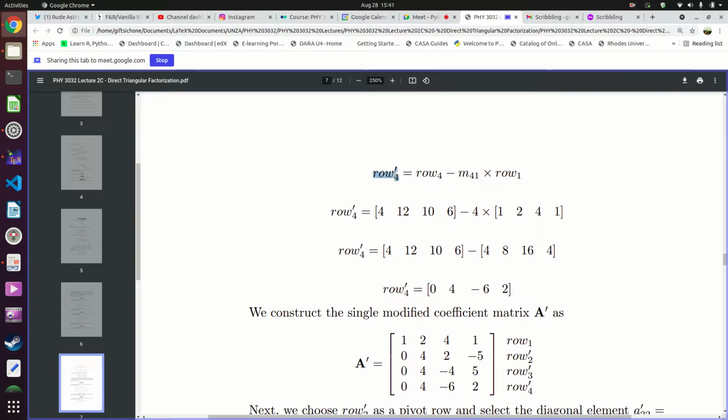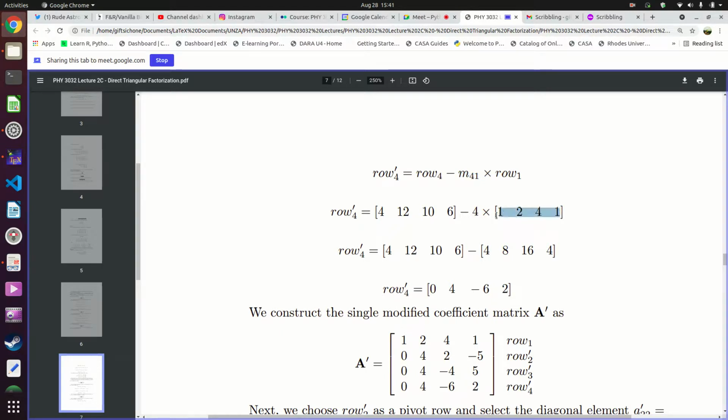Row number 4 modified is going to be row number 4 minus the multiplier M41 times row number 1. So in this particular case, the row number 4 is 4, 12, 10, 6, then minus 4, which is the multiplier, times 1, 2, 4, 1.